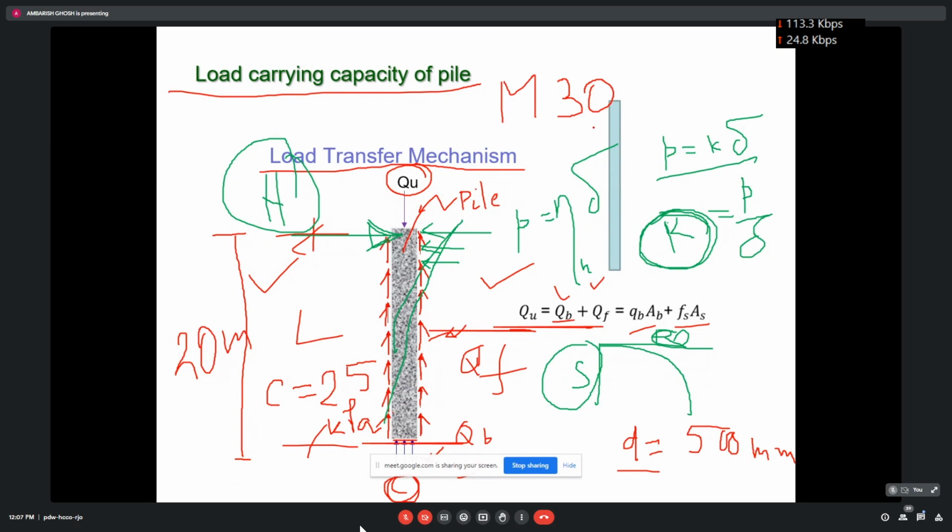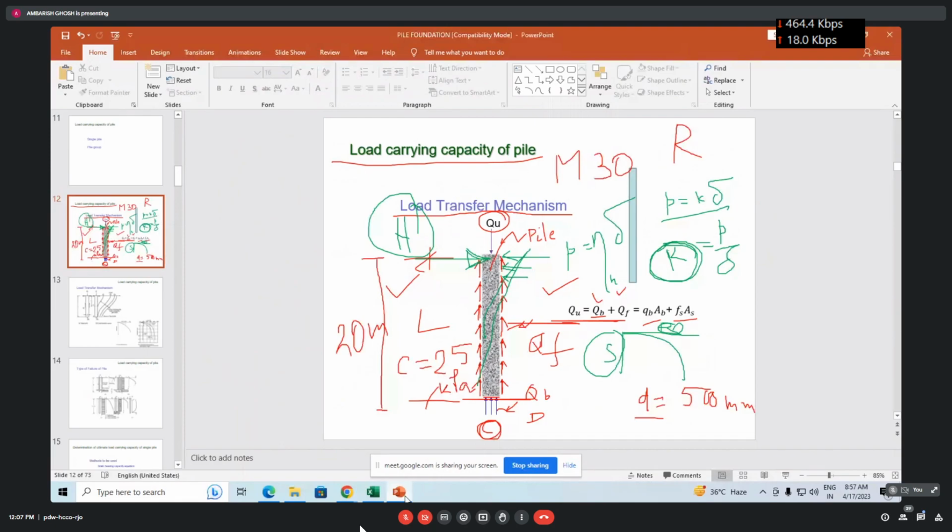So now you calculate E, I, and then you calculate the R value.